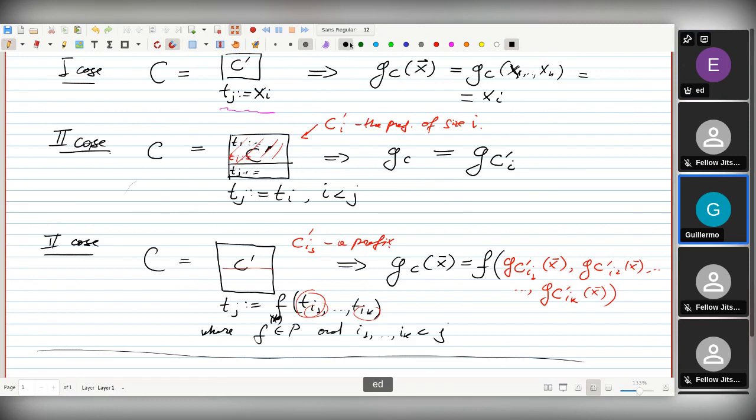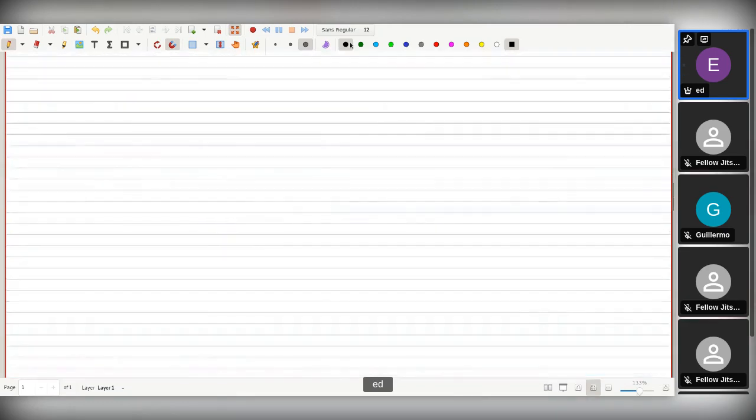Yes. This equation finishes our formal definition, but in order to really grasp it, let us consider a pair of examples.